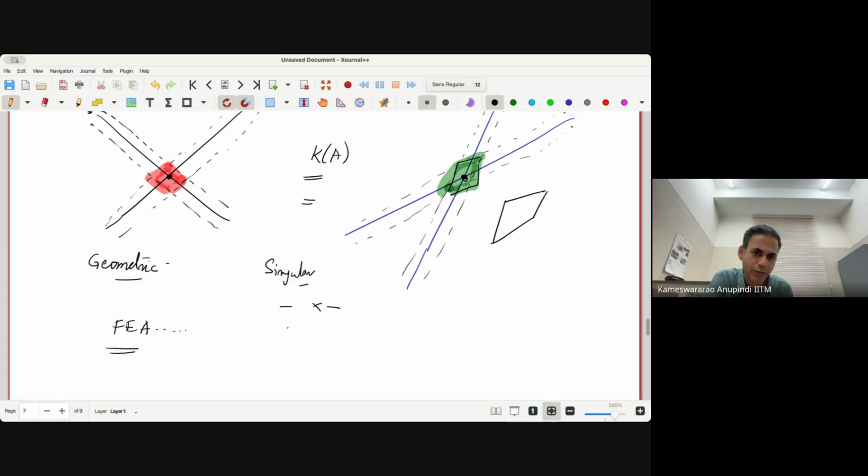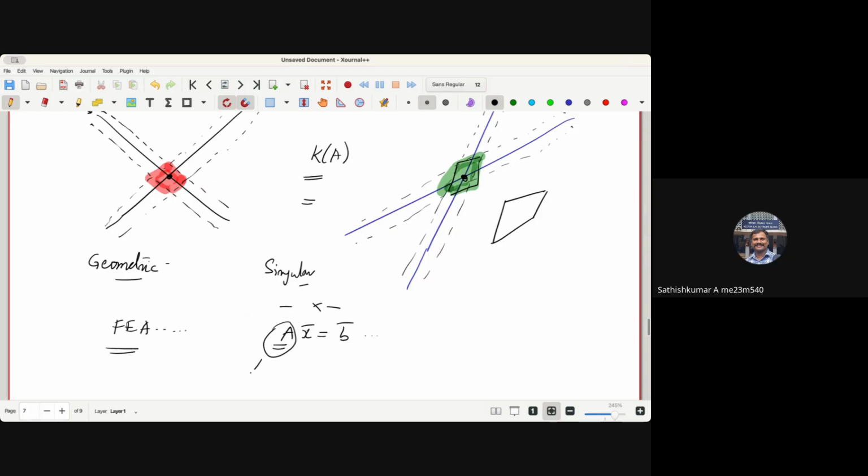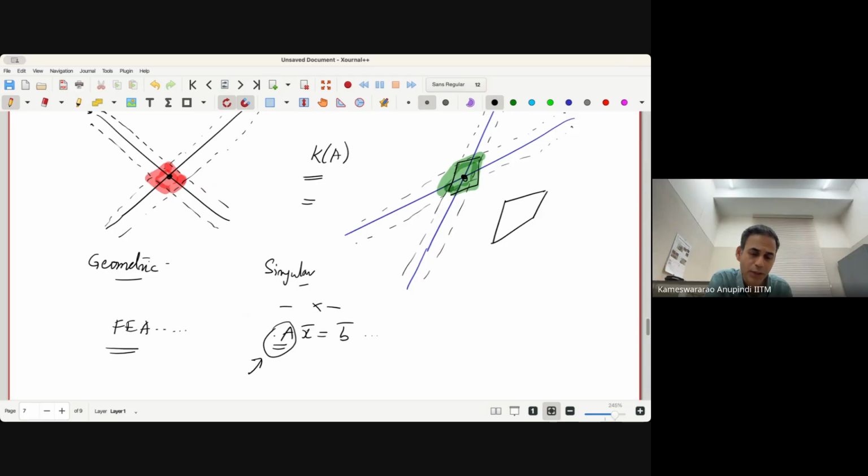In your FEA solver, you might be solving for AX equal to B several times, but we want to make sure that this matrix is not close to singular. If this is close to singular, then it is possible that the solutions you're getting are not correct, because if you go back and substitute, they are not going to satisfy the right answer.